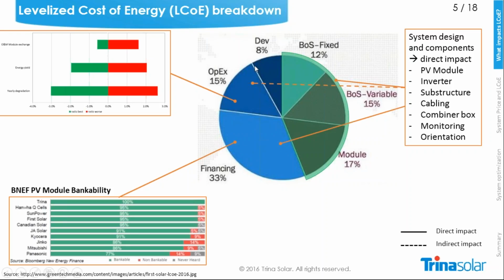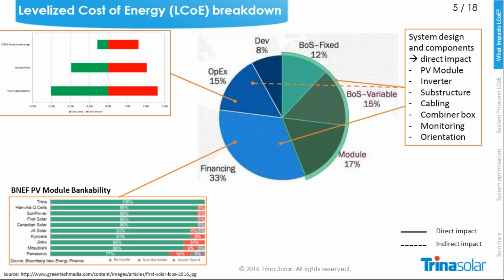And for sure the operation and maintenance costs. Operation and maintenance cost is also impacted indirectly by the system: how easily you can clean, how easily you can do maintenance, and the components you select to have a high-quality power plant and low operation and maintenance cost during the lifetime. Here you can see the impact if you have good quality components: whether you achieve the energy yield you expected, and whether you have low or high degradation.